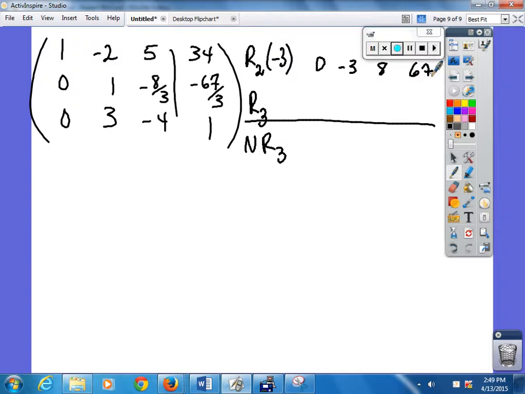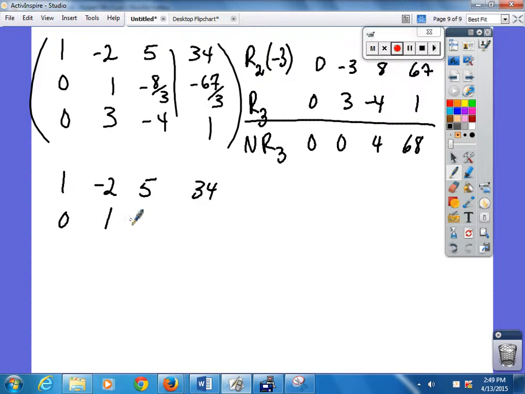Adding that to row 3, 0, 3, negative 4, and 1, gives 0, 0, 4, and 68. So it's 1, negative 2, 5, 34; 0, 1, negative 8/3, negative 67/3; and 0, 0, 4, and 68.